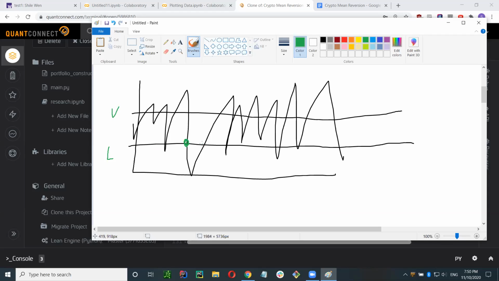However, I changed it up a little bit: I start watching it here, and then when it goes back up here, I buy. What this allows us to do is reduce the drawdown of the portfolio, because if we buy here, this is our drawdown, but if we buy here, we don't really have much drawdown.